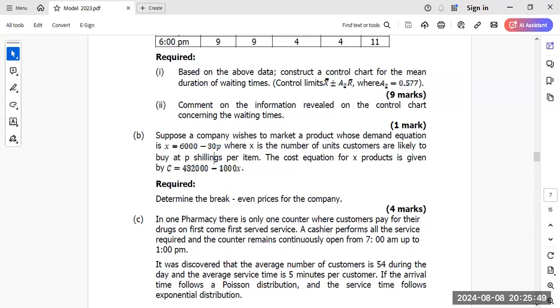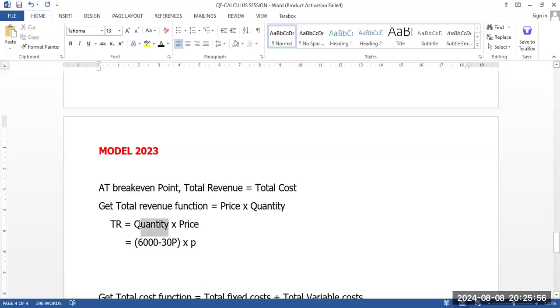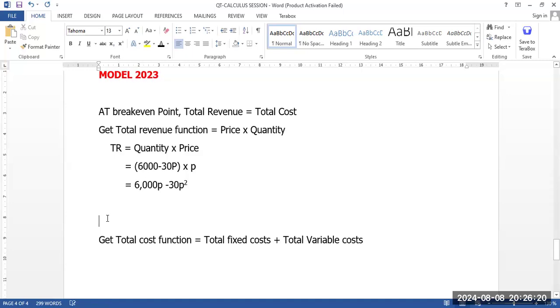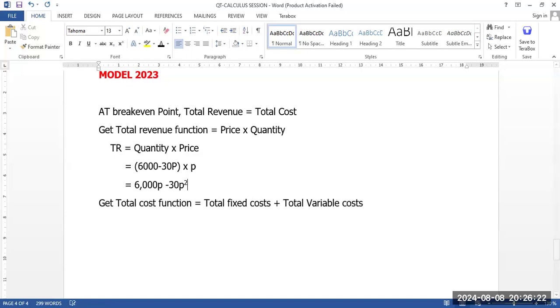But here we already have the quantity function, and we can just multiply by price, which is P. So what do you get? This is 6,000P minus 30P squared. And that is your total revenue function.